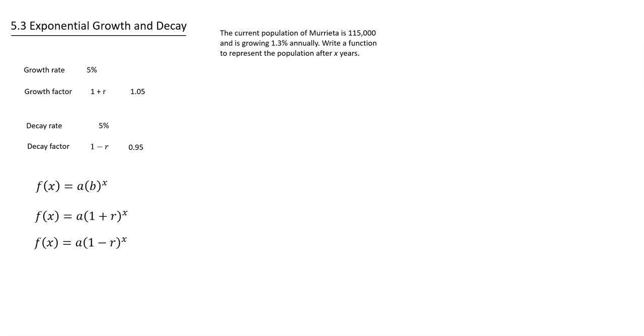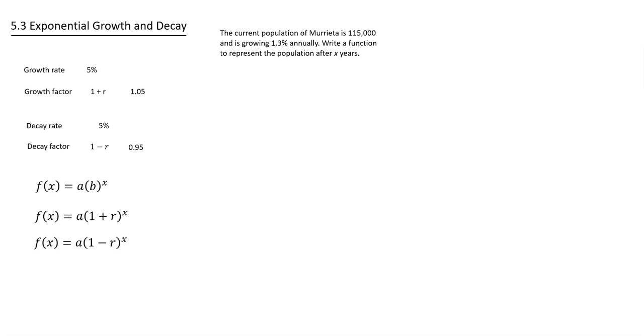So here's a problem. The current population of Marietta is 115,000 and is growing 1.3% annually. Write a function to represent the population after x years. The a value is the initial amount, 115,000. We're growing, so we're going to have 1 plus the rate of growth.